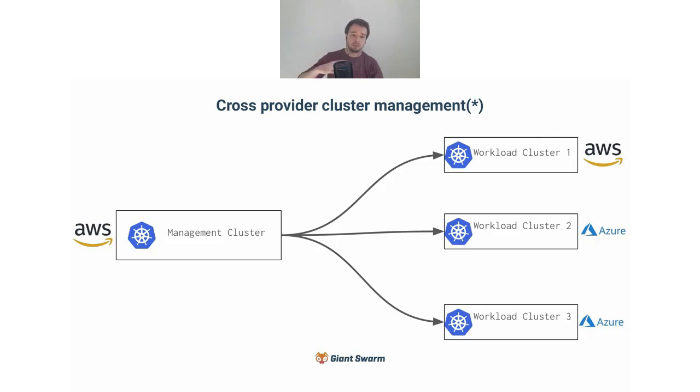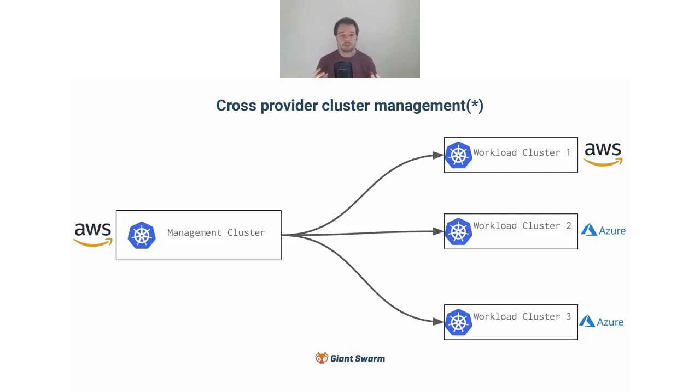So you can have your management cluster in AWS managing Azure clusters or AWS clusters or whatever else cluster you want. And that can also be AWS without EKS or AWS with EKS or Azure with AKS or without AKS. Both of these are all possible. So you can really mix and match for your desires.